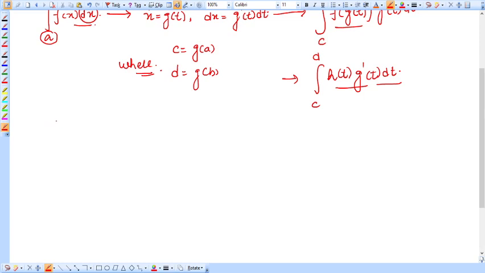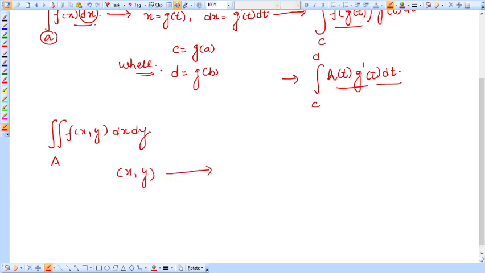Here we have the double integral of f(x, y) dx dy over the region A. Now we want to change the variables x, y to some other variables, call them u, v.